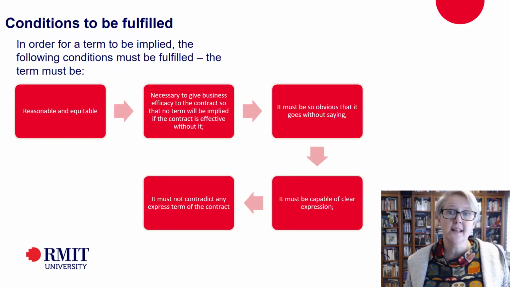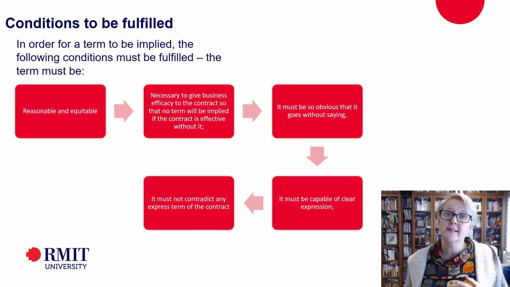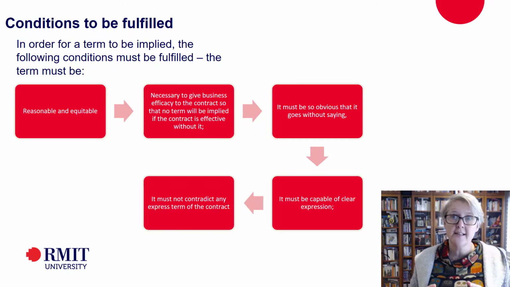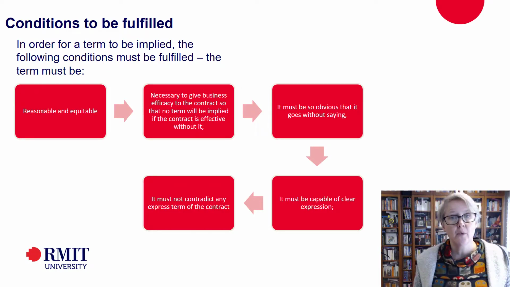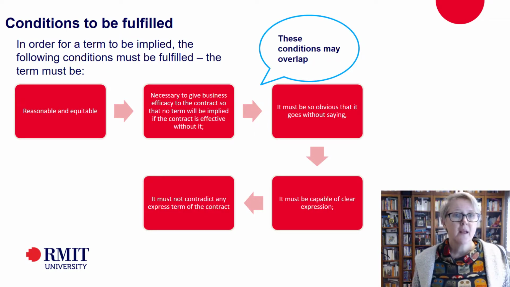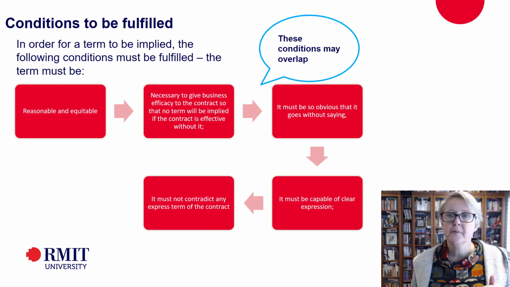In other words, in all of these cases, it is possible for the contract itself to state or to override the term that would otherwise be implied by law. So the conditions can overlap in relation to each of the various heads, custom, term, and law and fact.